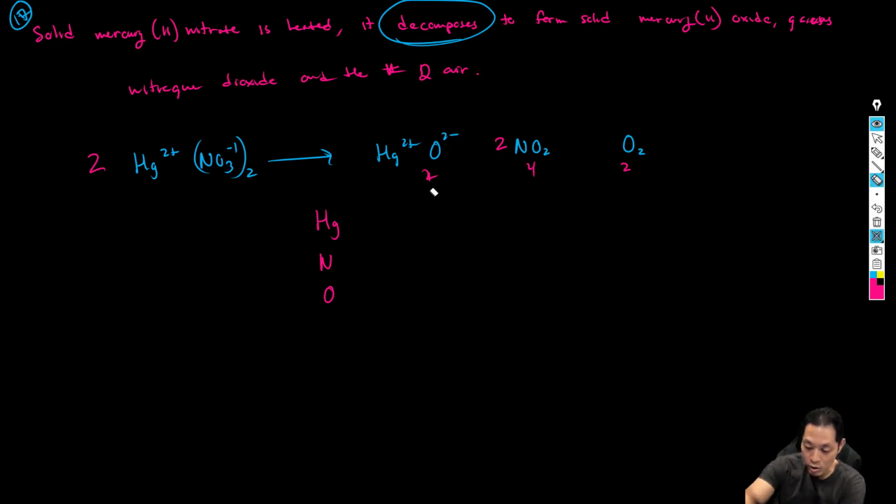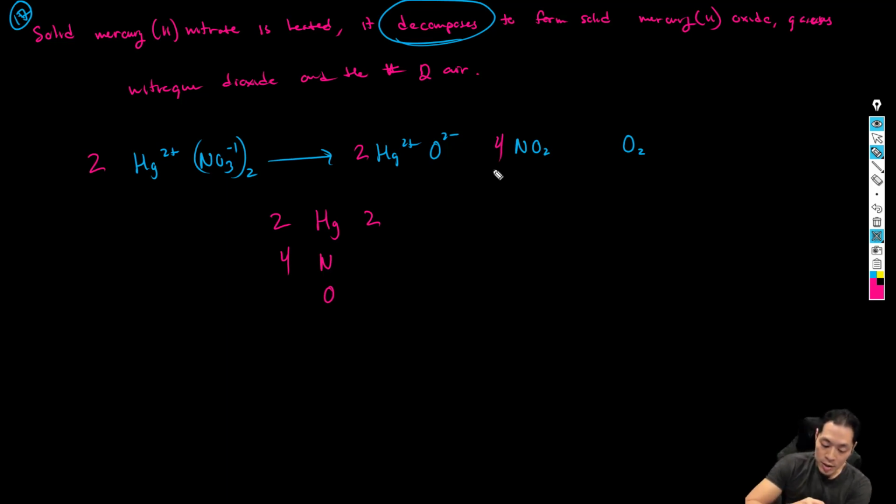So I know I need to have a 2 on the left side to even it out. So I'm going to do 2 mercuries and then 2 mercuries. I have 2 times 2 nitrogens, so that's 4 nitrogens on the left. That means I need 4 right here. Good.